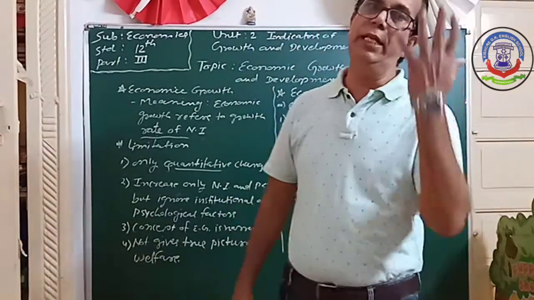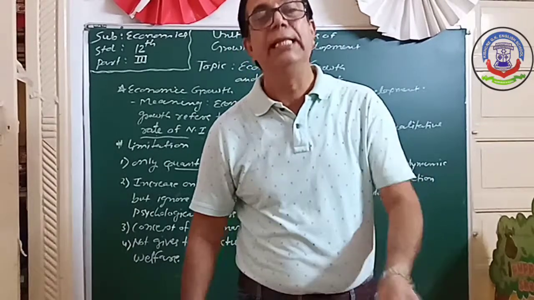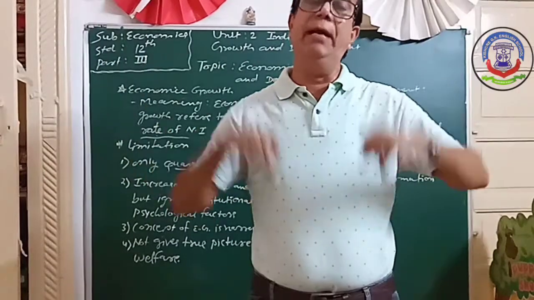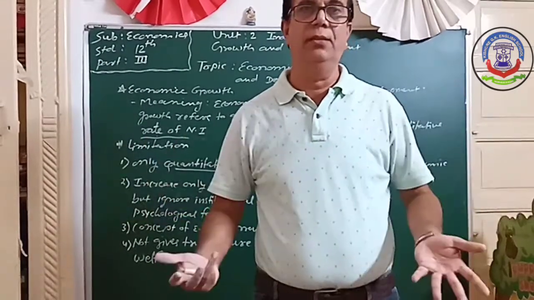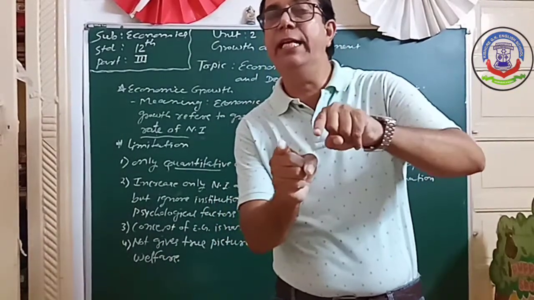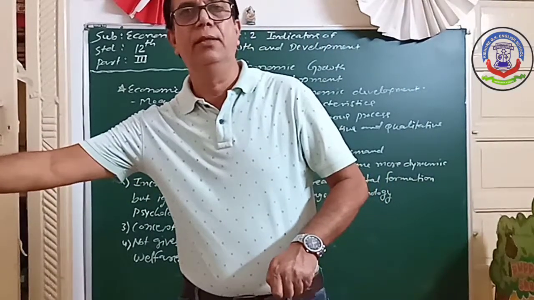In the same way, suppose the national income of a country increases, but the government spends that income to purchase arms and ammunition, fighter planes or tanks or whatever. So the benefit of national income does not go to the people.